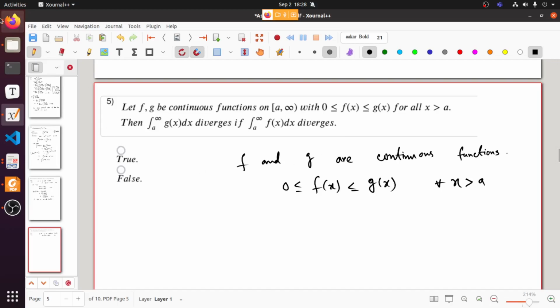Now you have to say that integral a to infinity g x diverges if integral a to infinity f x diverges. You have to say this is true or false.